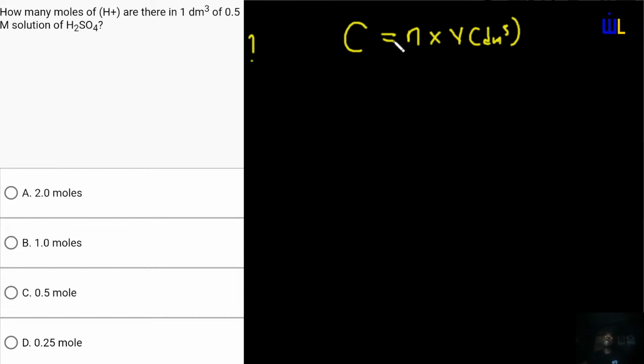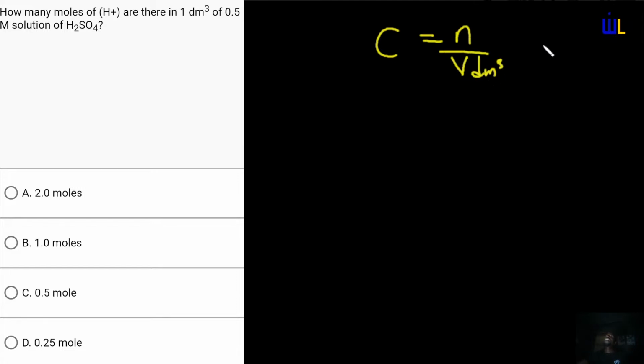Concentration is equal to number of moles divided by volume in dm cube, or volume in cm cube. What this implies is that when you are looking for the number of moles, it equals concentration times volume in dm cube. Okay, in this case it's times 1000.